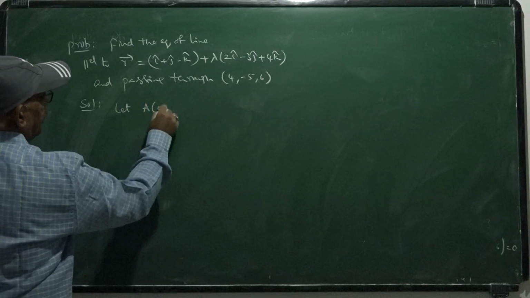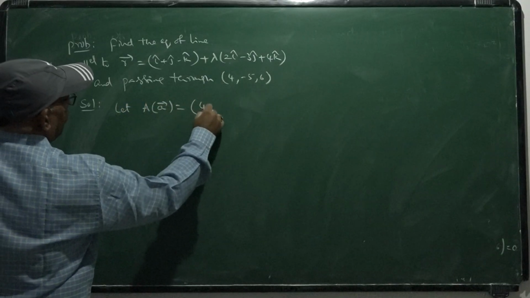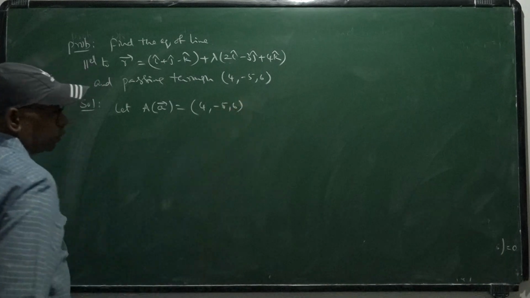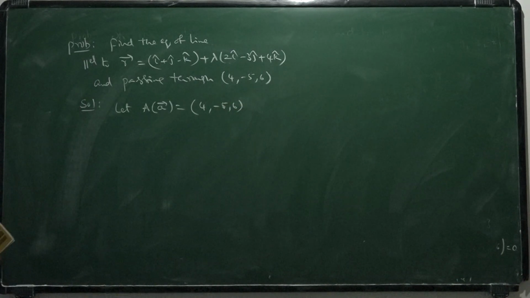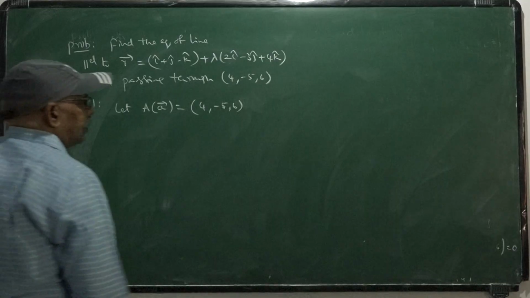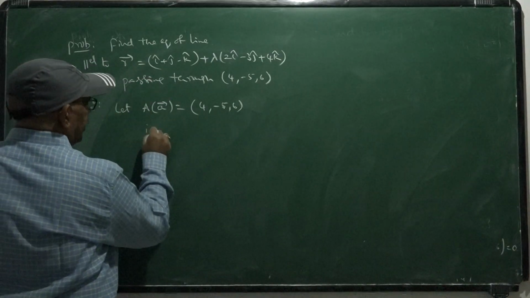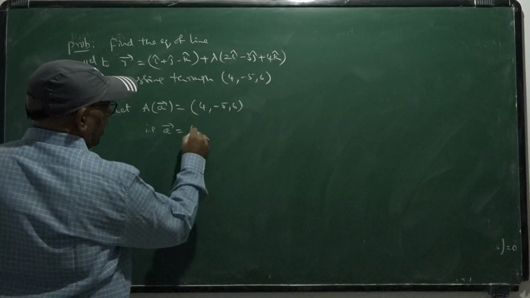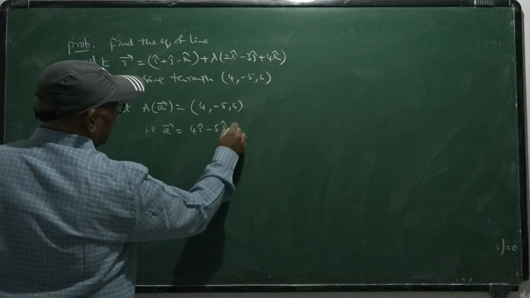Let A bar be the point (4, minus 5, 6). The position vector of the point is OA bar, 4i minus 5j plus 6k.